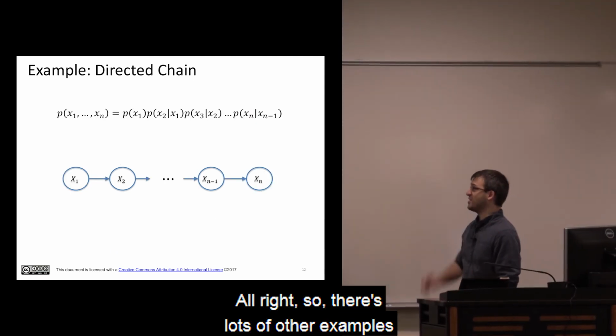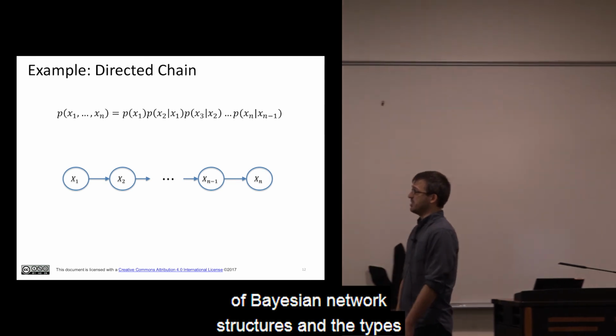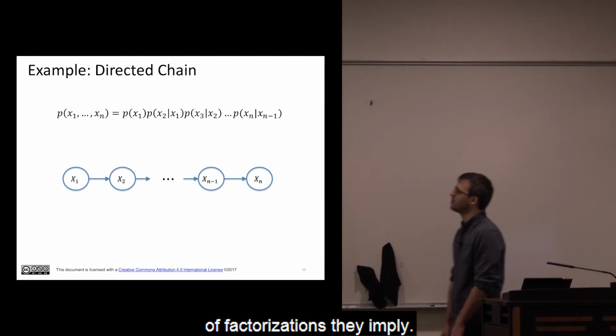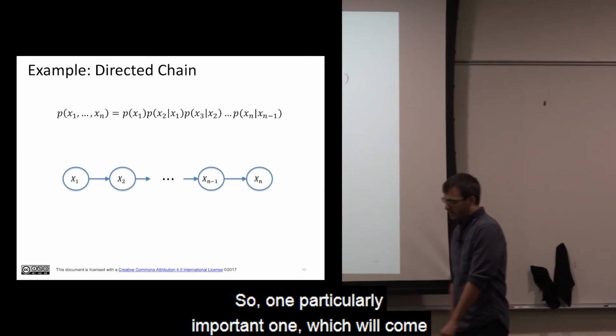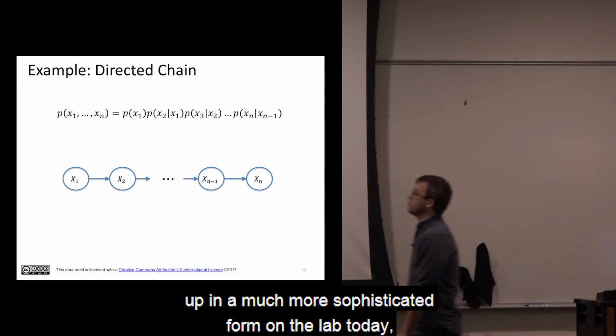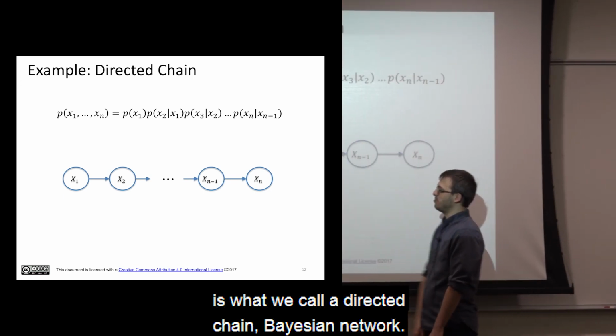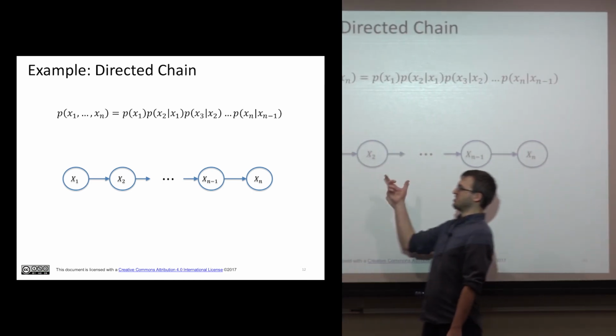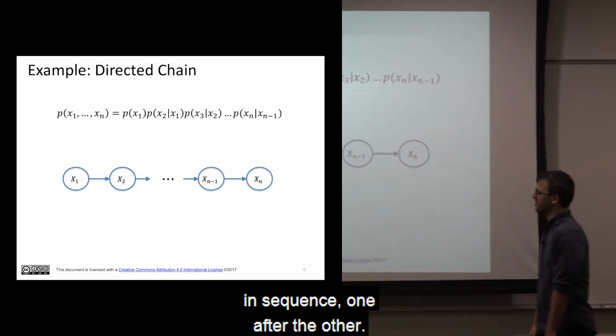All right. So there's lots of other examples of Bayesian network structures and the types of factorizations they imply. So one particularly important one, which will come up in a much more sophisticated form on the lab today, is what we call a directed chain Bayesian network. So here, the random variables are just connected in sequence, one after the other.